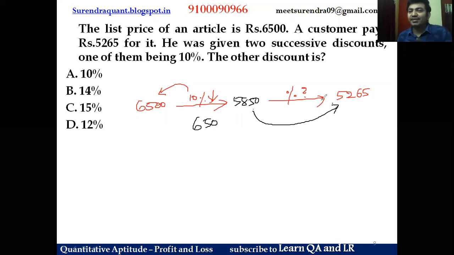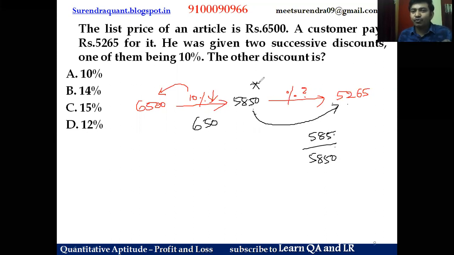First of all, the numerical difference is 585, right? So 585 rupees discount was given on 5,850. It is an observation based question actually. So 585 is what percent of 5,850? 10%. If you take 10% of 5,850, you'll get 585.